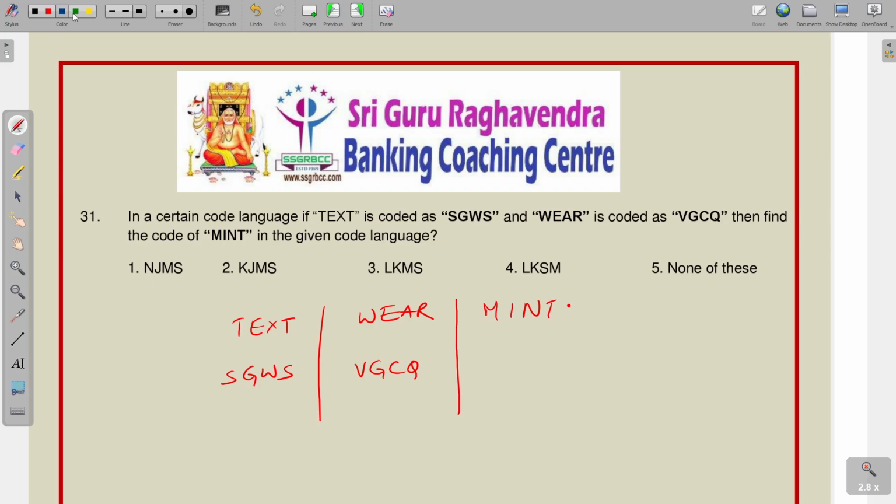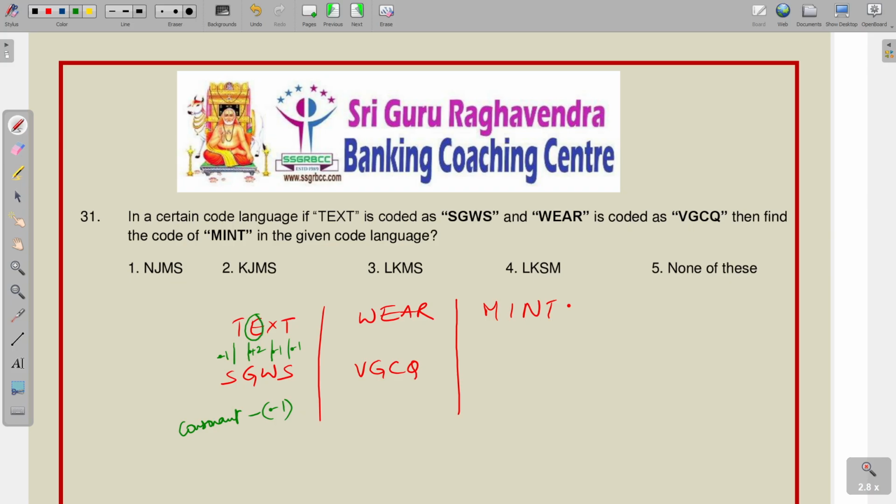So see, T minus 1 is S, and T. After S in English alphabetical order we can get T. So E, F, G, it is plus 2, and X minus 1, WX, and T minus 1, that is S and T. So see, consonants follow the series, that is minus 1. So the immediately preceding letter becomes the code for consonants.